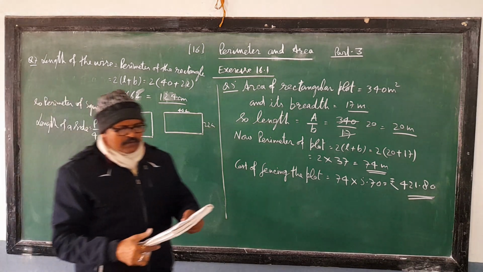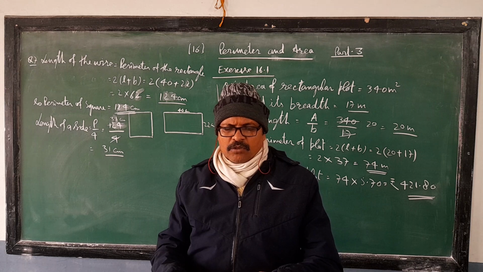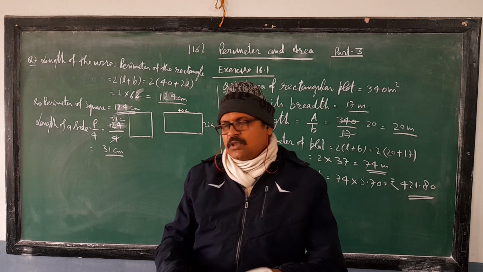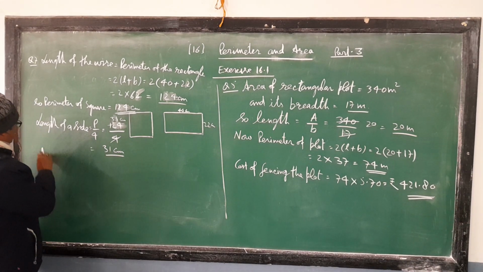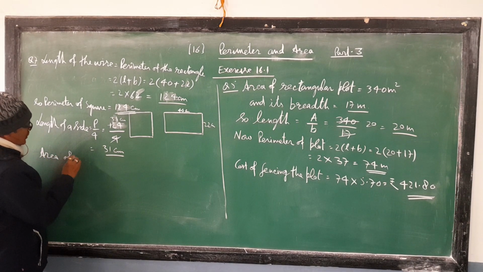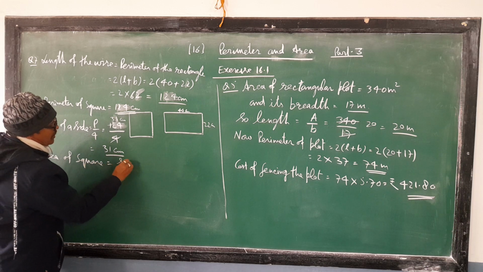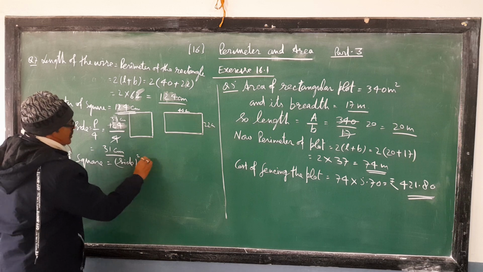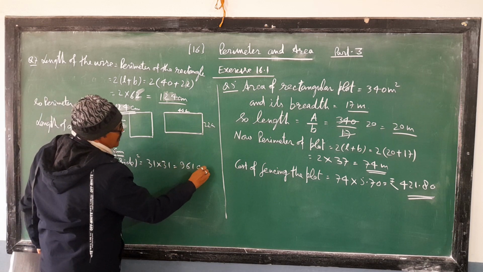Now they are also asking which shape includes more area and by how much. So area of square is equal to side square, 31 into 31, 961 centimeter square.